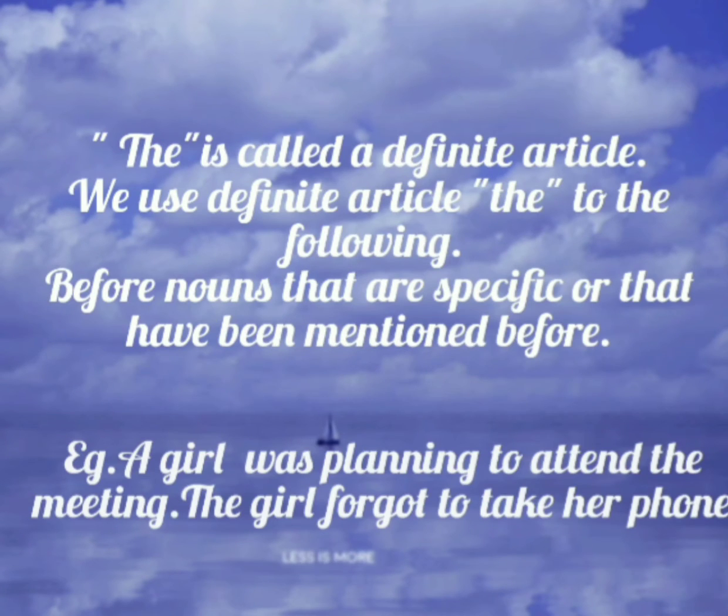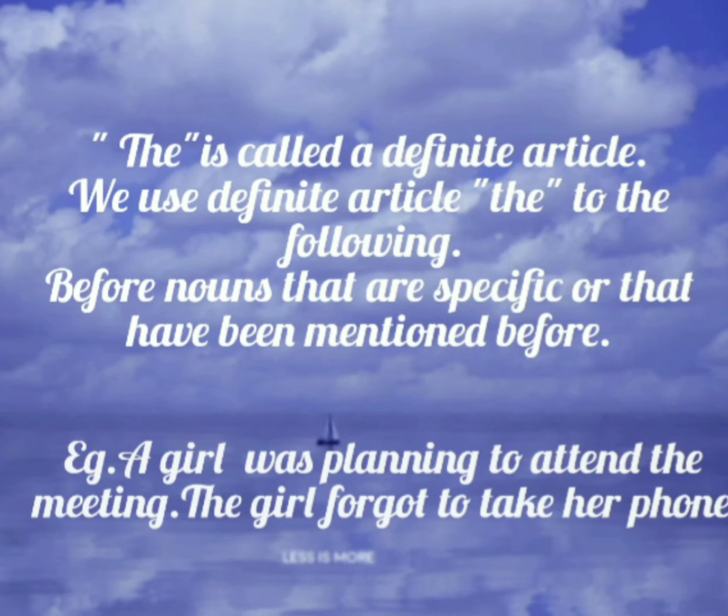Okay. Next we can discuss the definite article, that means the. The is called a definite article. We use the definite article the in the following cases: before nouns that are specific or that have been mentioned before.